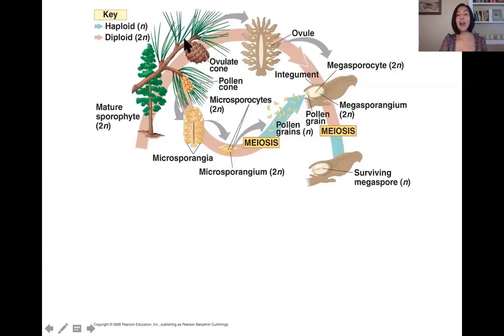In other parts of the tree, we're going to have the ovulate cone. And this cone is going to be carrying the ovules. And also in these ovules, one cell in one ovule is going to undergo meiosis and result in this haploid structure that is going to be the megaspore later on.